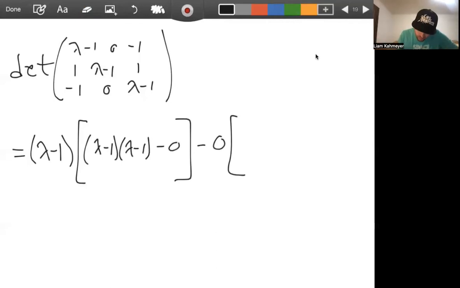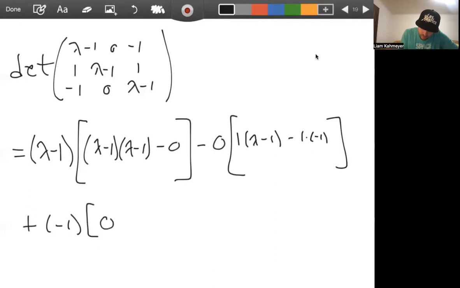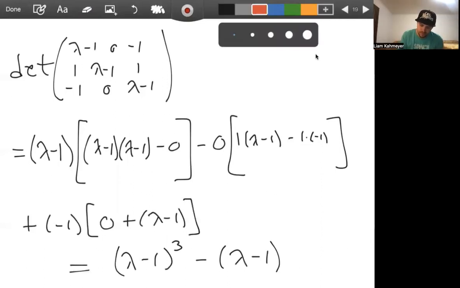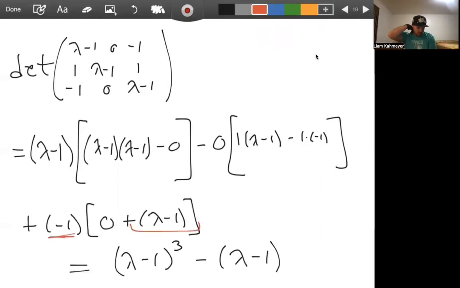We understand that this whole term is going to vanish, but this would be 1 times lambda minus 1 minus 1 times negative 1, and then plus negative 1 times 0 minus a negative, so plus lambda minus 1. This simplifies to lambda minus 1 cubed minus lambda minus 1, right? Because it was plus lambda minus 1, but we have this negative 1 here, so that's minus lambda minus 1.